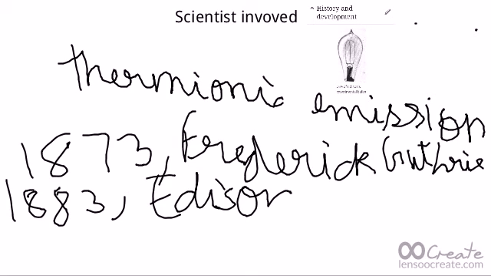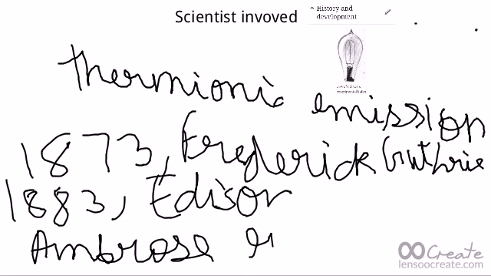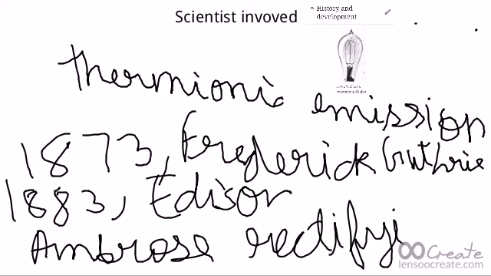The rectifying property of such a device was utilized most notably by John Ambrose Fleming. He used the diode tube to detect radio signals.